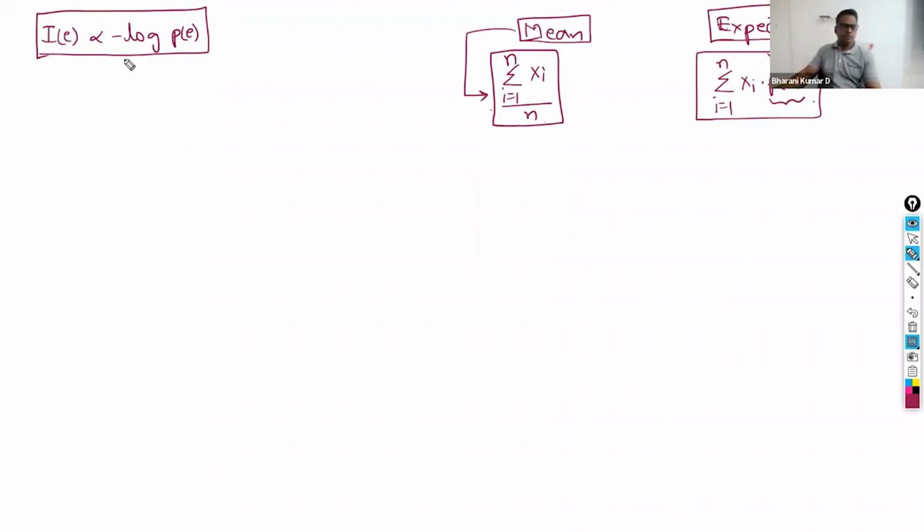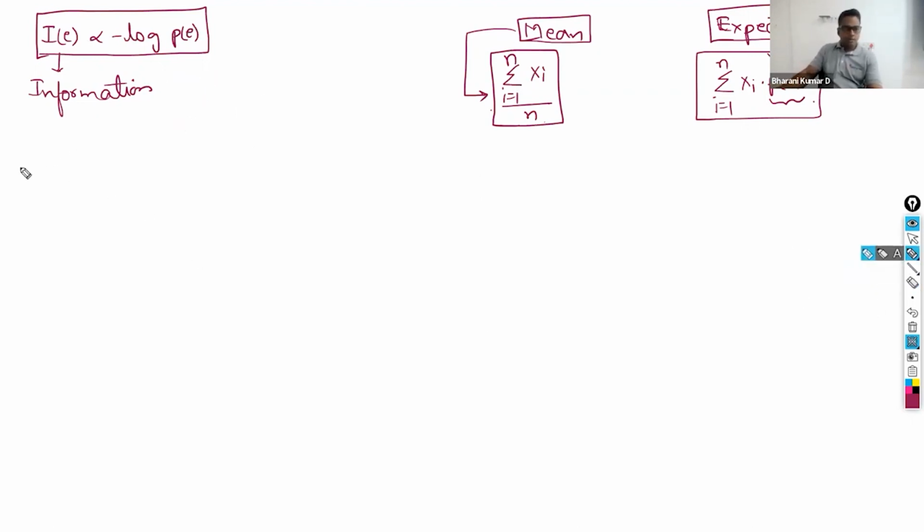This is also like that. This is the information. Information is proportional to minus log of probability of event. What is this? Information gain. Or I'll just put this as information.